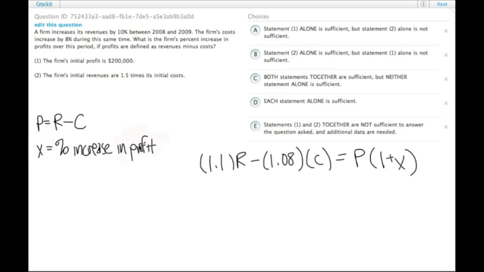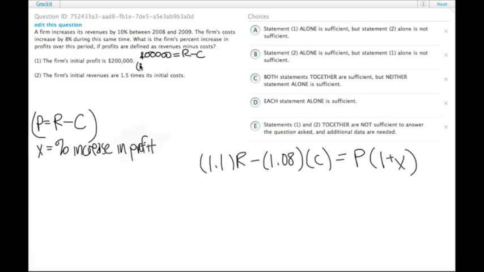Statement 1 tells us that the firm's initial profit is $200,000. So we have a couple of equations. We know that the profit, which is 200,000, is equal to R minus C. That's from the original statement. We also can fill in one of the blanks here.